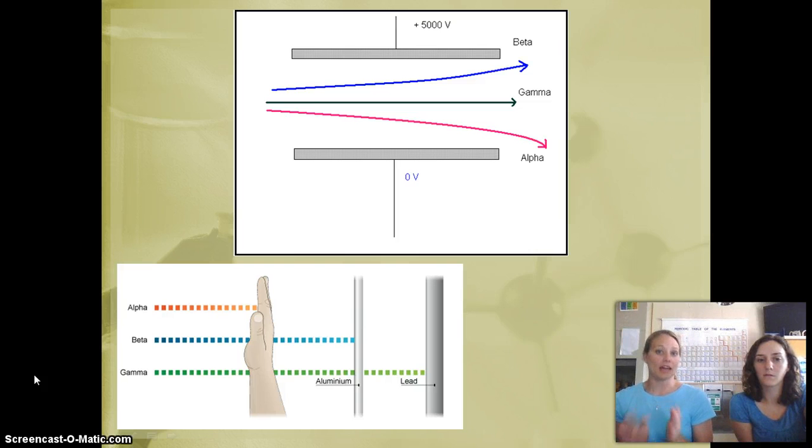And gamma, the high energy, will travel through you, through aluminum, and can be stopped by very thick lead. So that's how alpha, beta, and gamma travel through different things, and what you'll hear about different radiations and how far away you need to get.